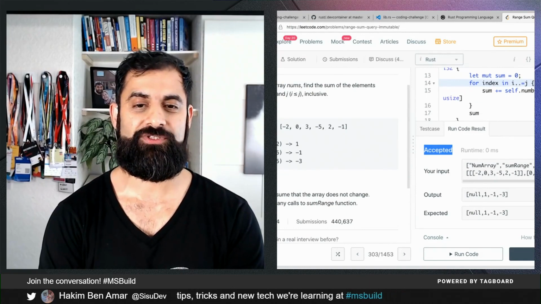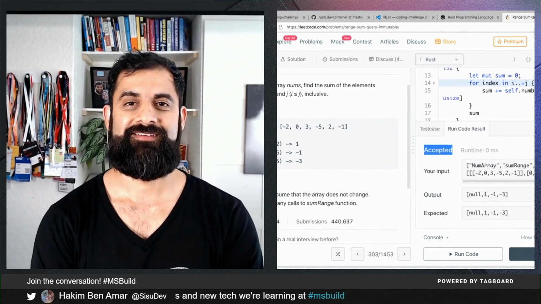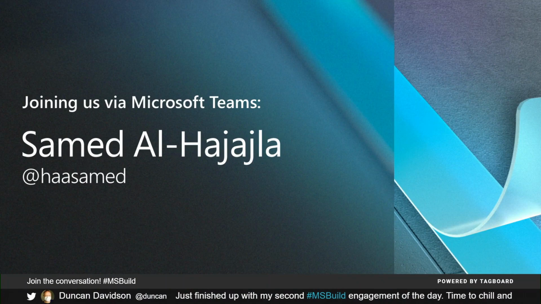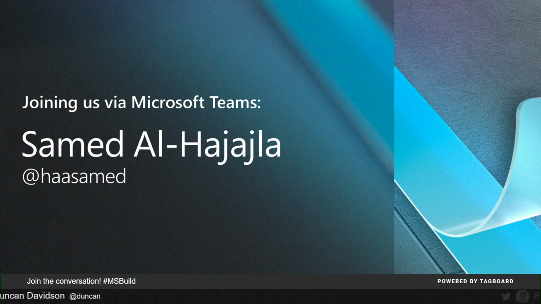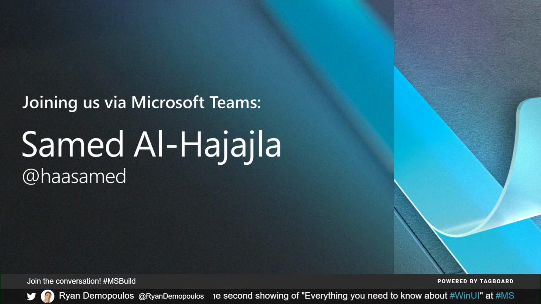What are your thoughts on the code so far? So my thoughts are that the sum range will be called a lot of times, and every time you call the sum range function, it's going to cost us O(n) time complexity, and that will cost us a lot of time.